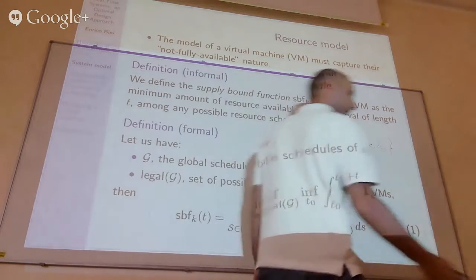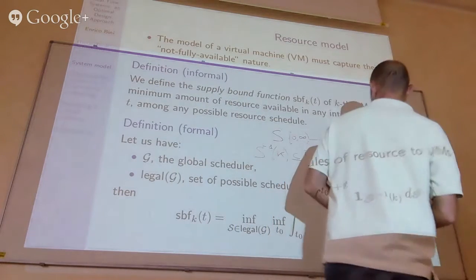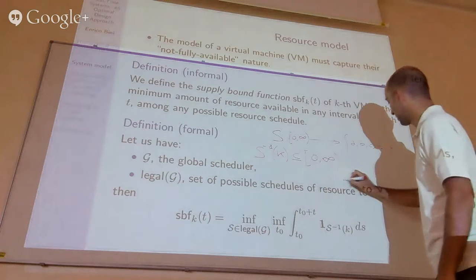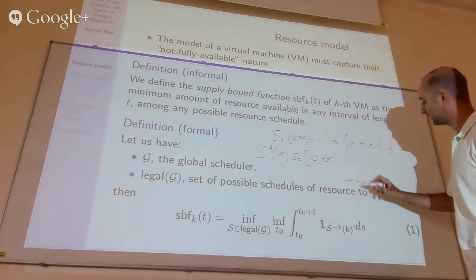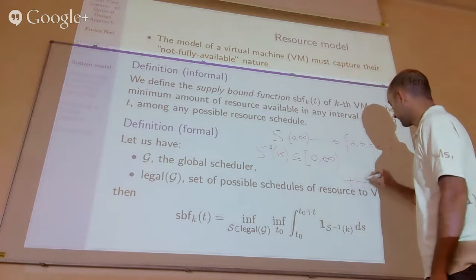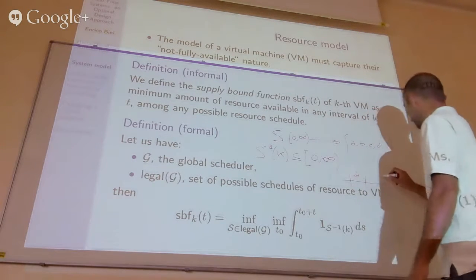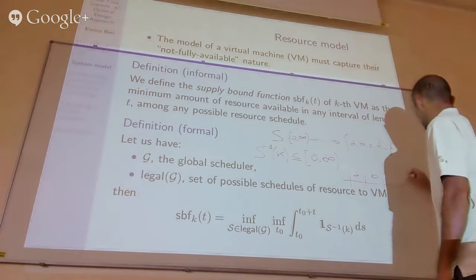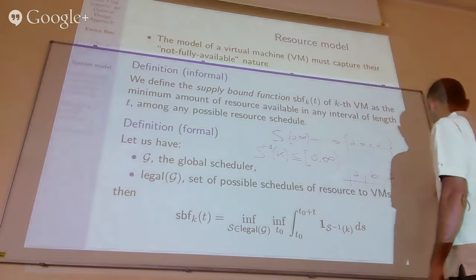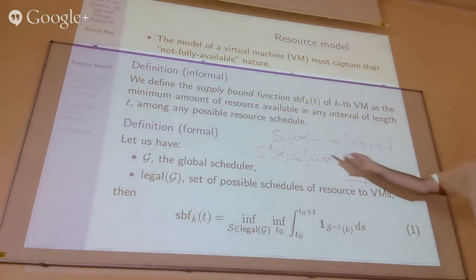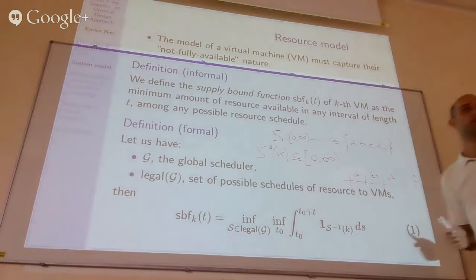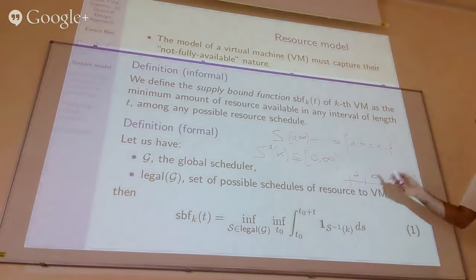Just to make an example, let's say that this is the timeline. Let's say that I allocate from here to A, from here to B, from here to A, and from here to C. Then S minus 1 of A, the inverse image of A, is this set union this set.